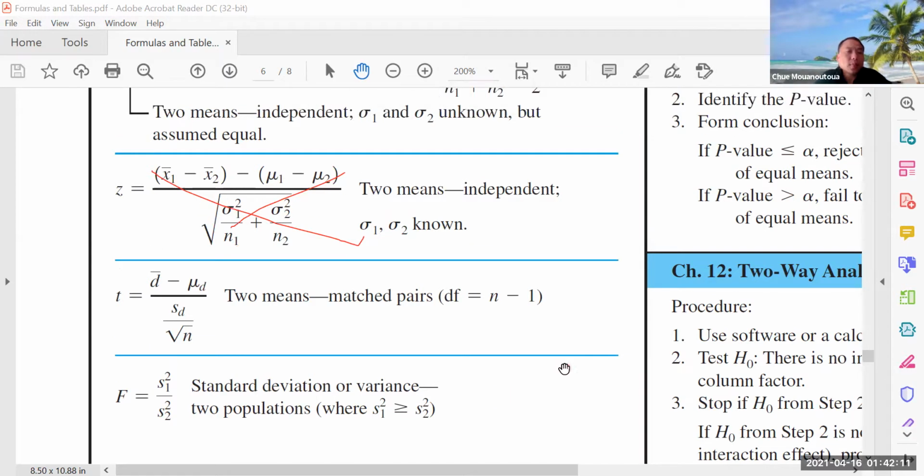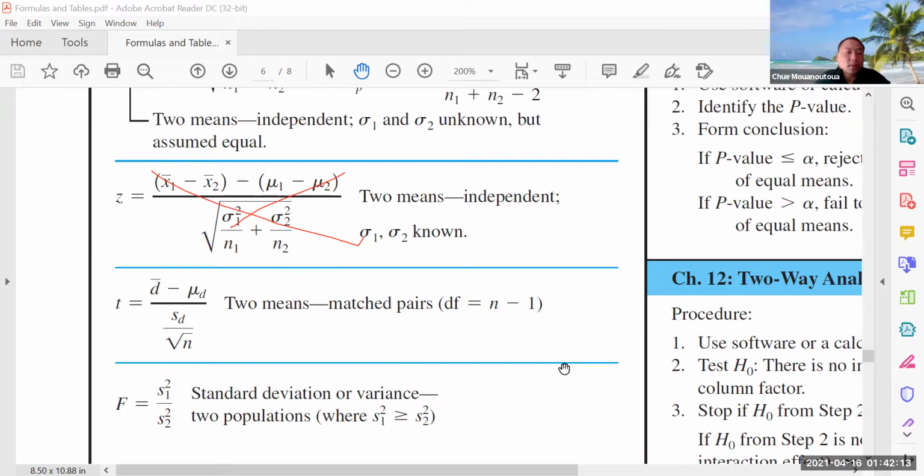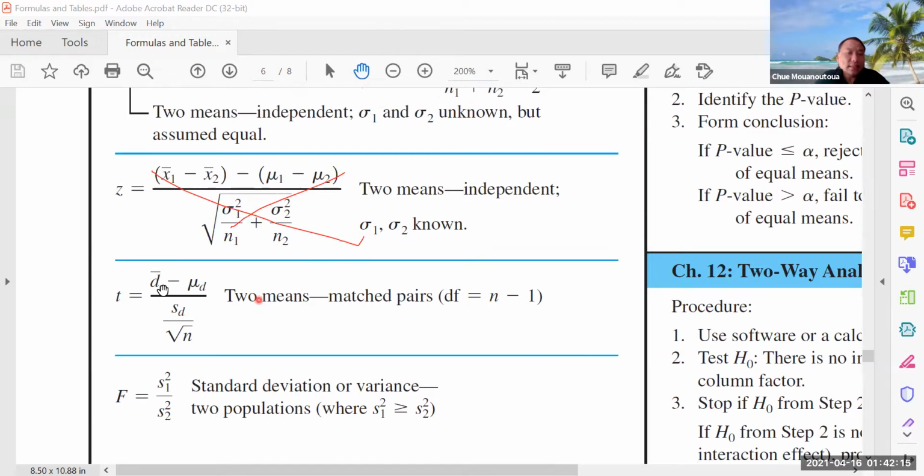Now, you might wonder what D stands for. D stands for difference. When we get to the example, we can talk about the difference. And mu D just means that you compute the mean for the differences. SD just means that you compute the standard deviation for those differences.